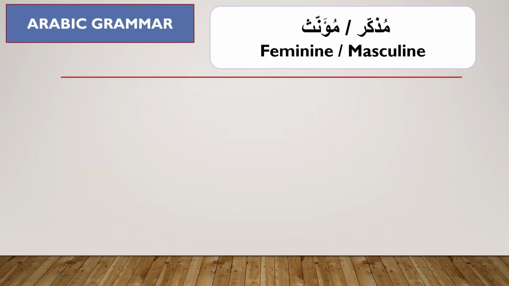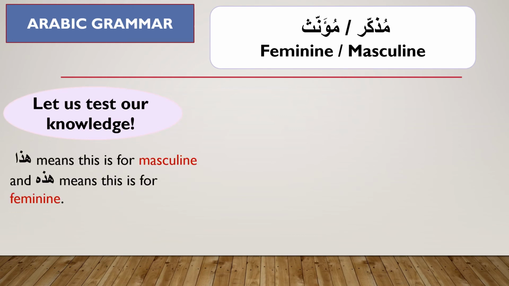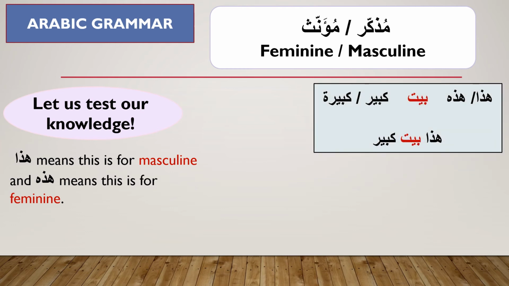Let's practice what we learned. We know that the word هذا means this is for masculine. هذه, this is for feminine. If we say بيت, this noun is masculine because it's missing the ta marbuta. بيت, house.